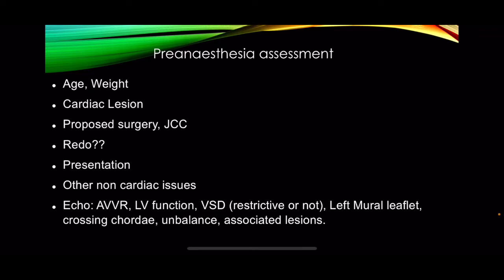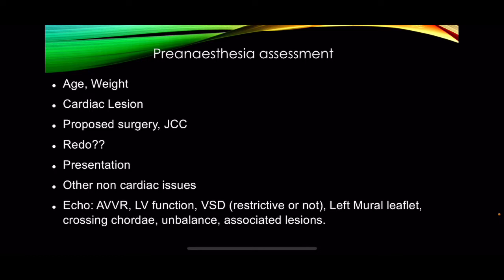The next step will be the proposed surgery. Usually this is written very well in the GCC. GCC is like a meeting done by the surgeons, cardiologists, interventional anesthetists, and the PICU team as well, just to decide.